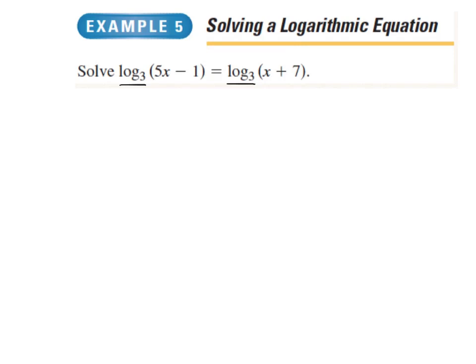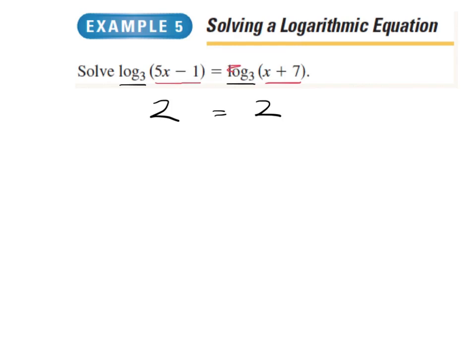So let's say for instance the answer to the left side is 2. Well, that means the answer to the right side must be 2 as well. That's what the equal sign is telling me. One logarithm is the same as the other, which means this part of our logarithm must equal that part.